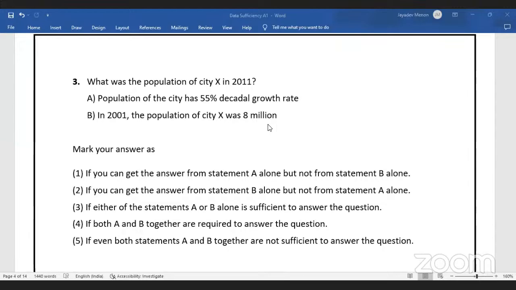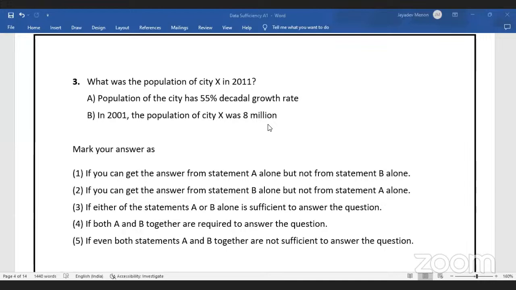What was the population of city X in 2011? So we need to find the population of city X in 2011. Statement A. Population of the city has 55% decadal growth rate. Decadal means in every 10 years.